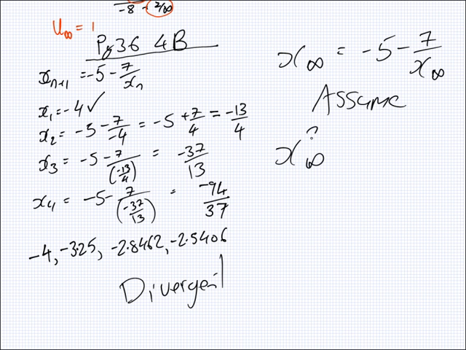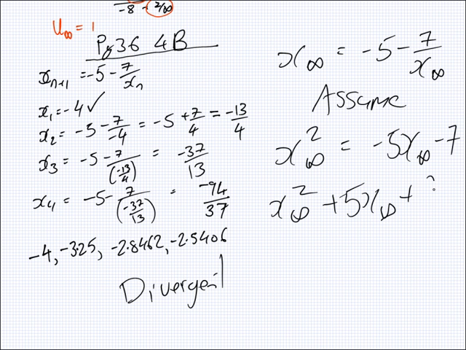x infinity squared equals minus x infinity minus 7. Minus x infinity squared plus 5x infinity plus 7 equals 0. And the discriminant here is negative, isn't it? Which means no solutions.